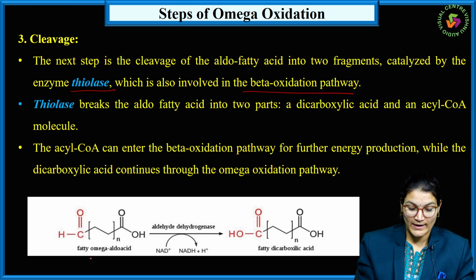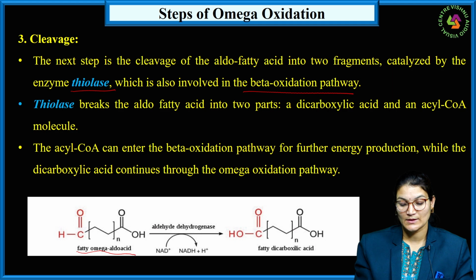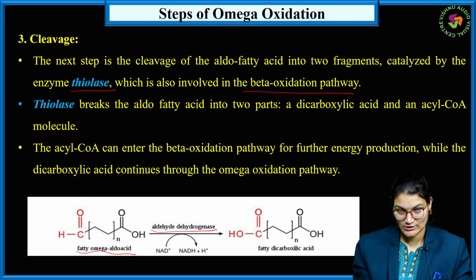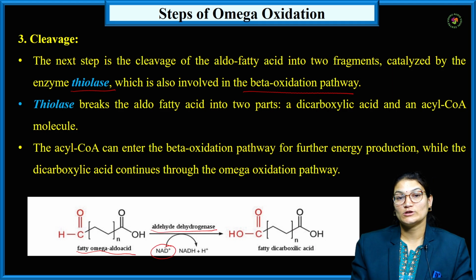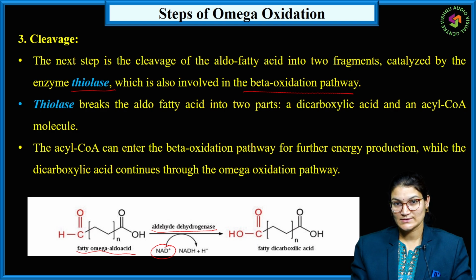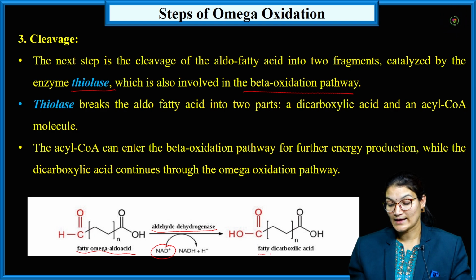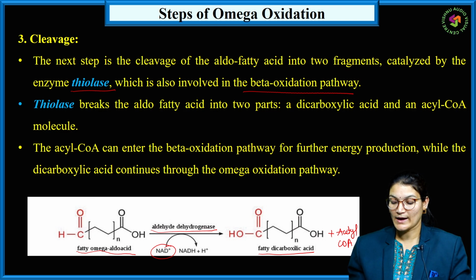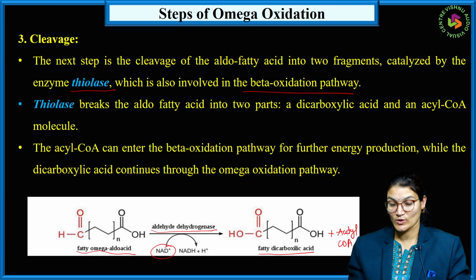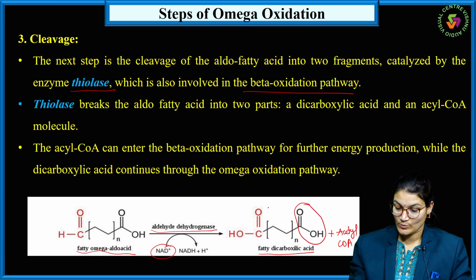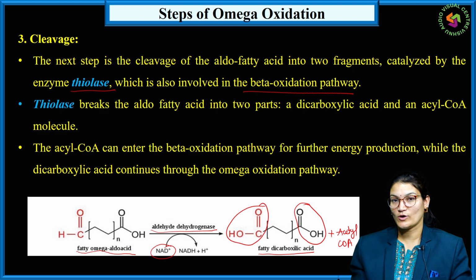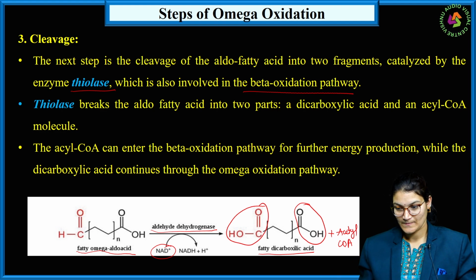Here you can see fatty omega aldo acid, in the presence of aldehyde dehydrogenase as well as nicotinamide adenine dinucleotide, gets converted into fatty dicarboxylic acid as well as acetyl coenzyme A. As we discussed, after the cleavage you can see two fragments of one single fatty acid. The two fragments are fatty dicarboxylic acid, where you can see carboxylic acids at both the ends, and acetyl coenzyme A as the second product.